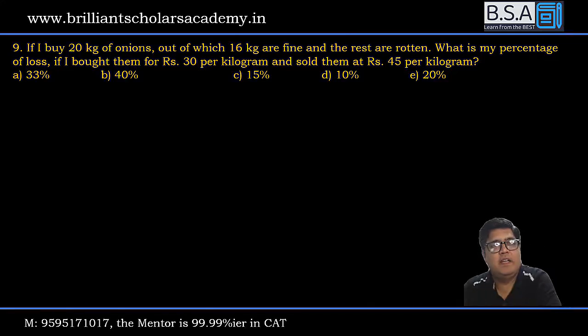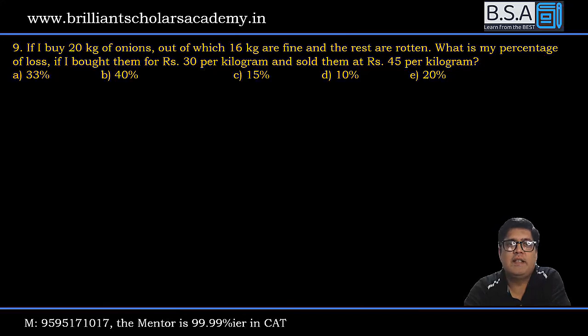If I buy 20 kilograms of onions, out of which 16 kilograms are fine, rest are rotten, what is my percentage loss if I bought them for rupees 30 per kilogram and sold them for rupees 45 per kilogram?